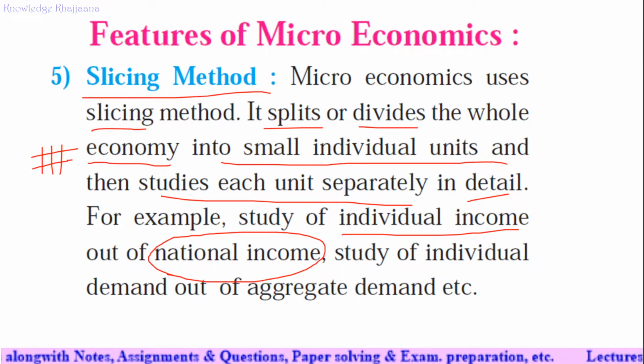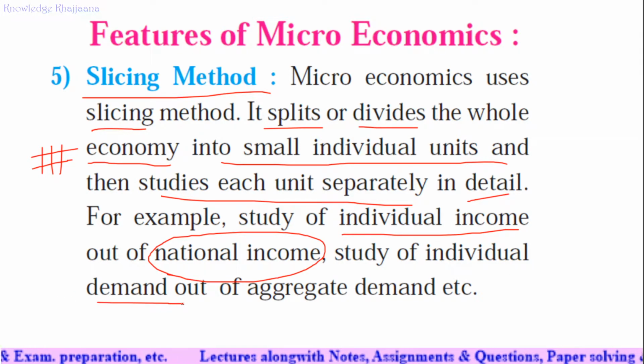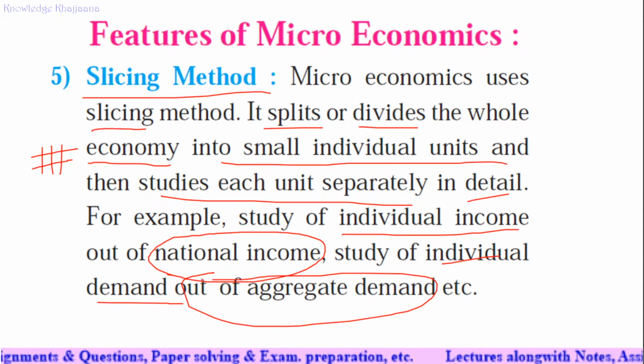So what is the way of learning microeconomics? The slicing method. For example, the study of individual demand out of aggregate demand. Aggregate demand is learnt in macroeconomics, and the slice of that aggregate demand is individual demand, which is learnt in microeconomics.